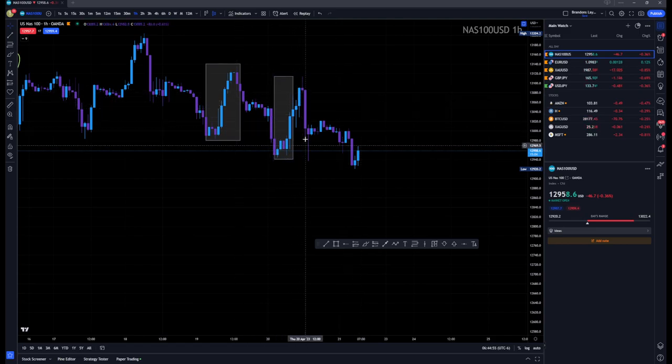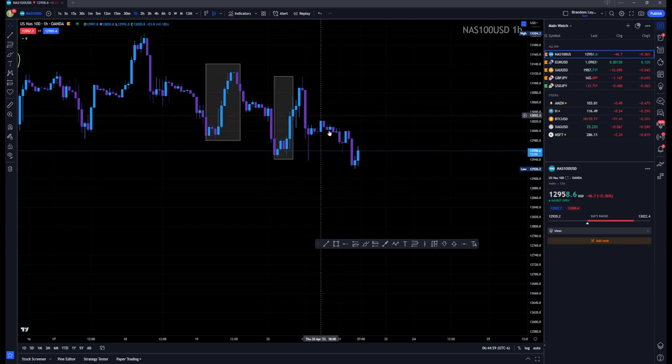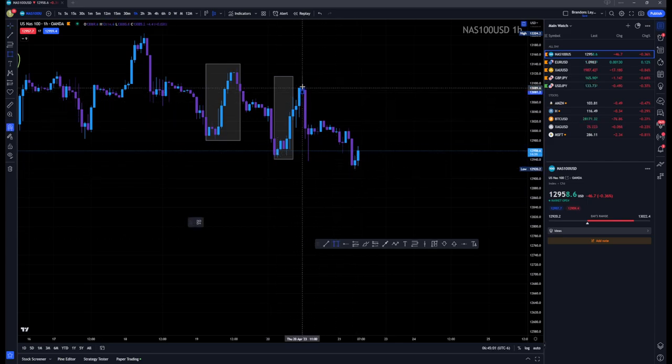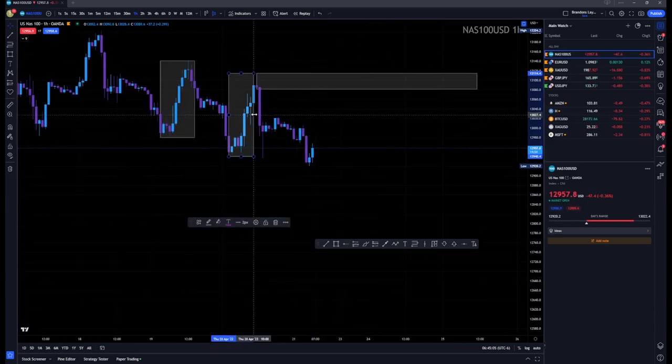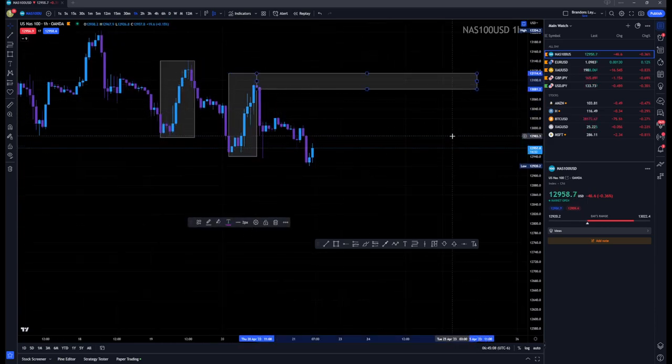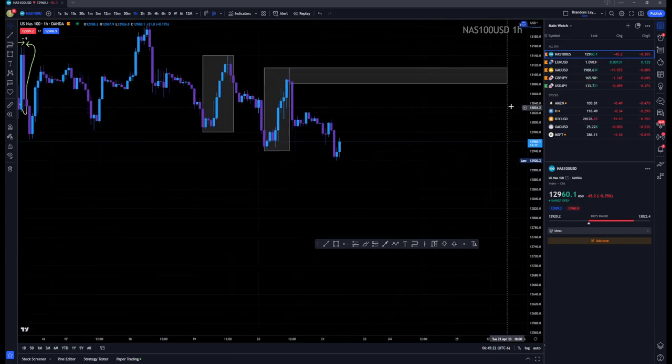As we can see, price now is breaking below this area, a beautiful area to look for sells off of. This area I'm speaking of is the 13,081.2 to 13,114.4 levels. That is the range that I'm looking to potentially take shorts in.